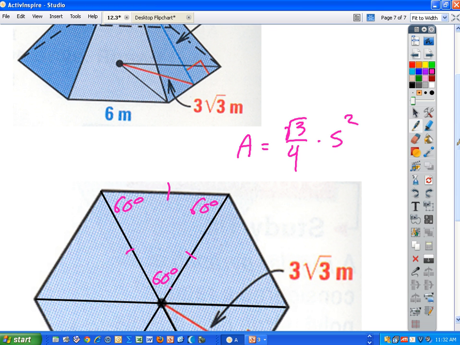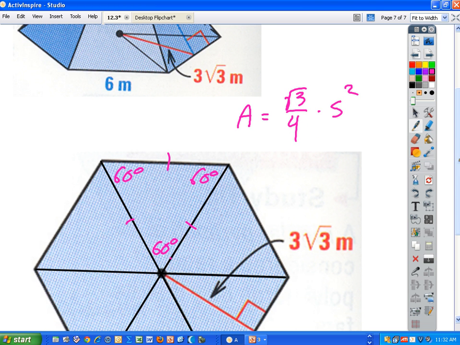Let's just make sure everybody is okay with that. So if I plug in the numbers, I get the area is the square root of 3 over 4 times 36 over 1. Can I reduce that at all? Yeah, 36 over 4 reduces to 9 over 1. So I would just get 9 times the square root of 3.